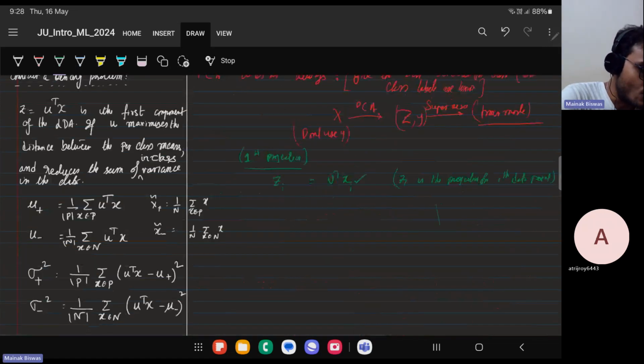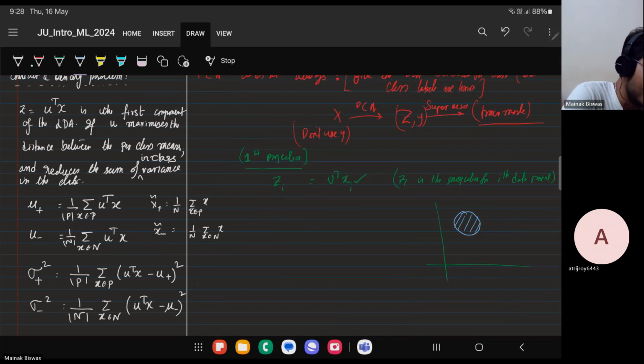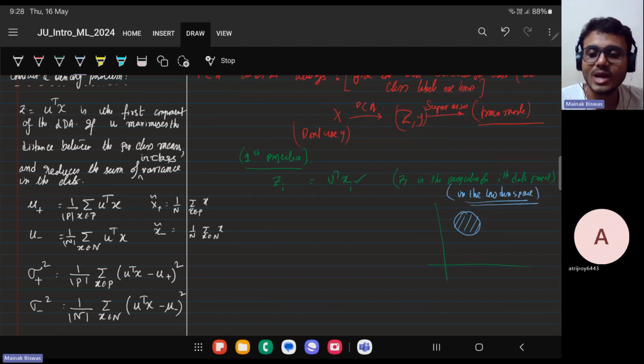So 2 points I want is desired. Here I have class 1 in the low dimensional space. Not only do I want a low dimensional space, but I also want it to be well separated for the 2 classes, suited for the purpose of classifying the 2 classes, right? Are you following?